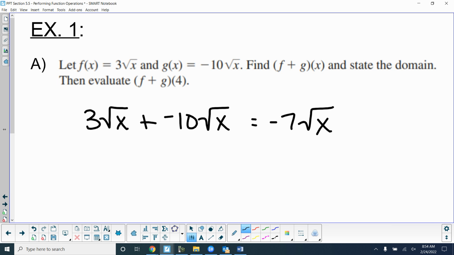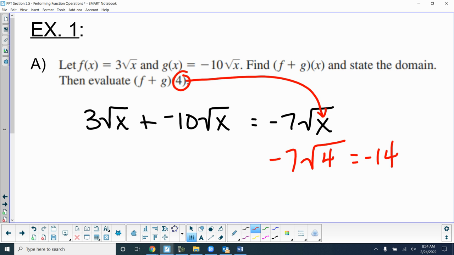Now it says evaluate f plus g of 4. Okay? What's that mean to do? What do I do with the 4? Fill it in for the x. So all that means then is negative 7 times, so we just take the 4 and put it in for the x. So what's the square root of 4? 2 times negative 7. That's negative 14. That's how I would do it.